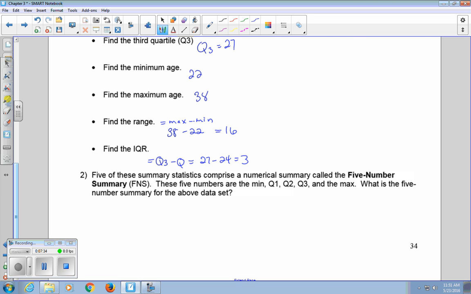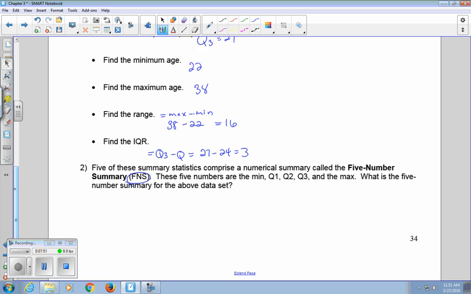So these five summary statistics make up a summary called the 5-number summary, often shorthand written FNS. The 5-number summary is specifically the min, Q1, Q2, Q3, and the max.